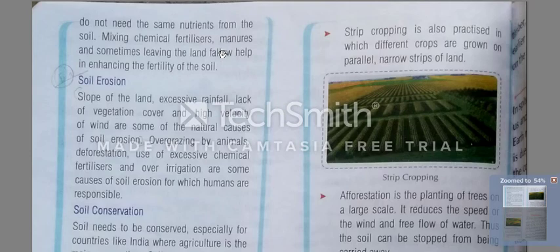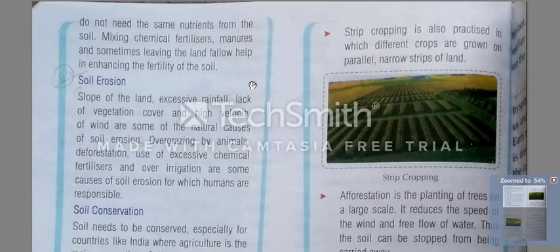Manures means also fertilizers, gobar ki khaad daalna. And sometimes leaving the land fallow helps in enhancing the fertility of the soil. It means leaving the soil without any crop will be good for the soil. Okay, yes. Now we will see soil erosion.